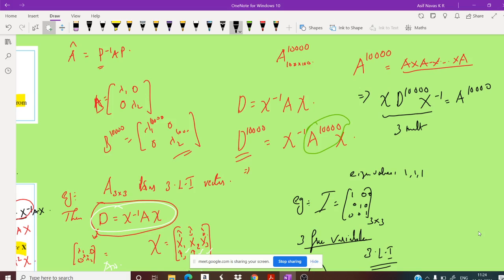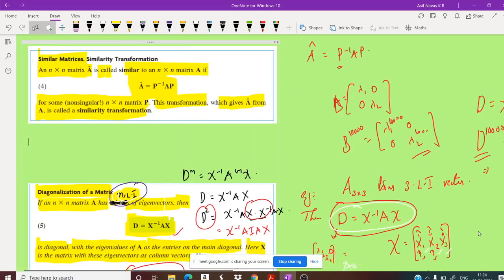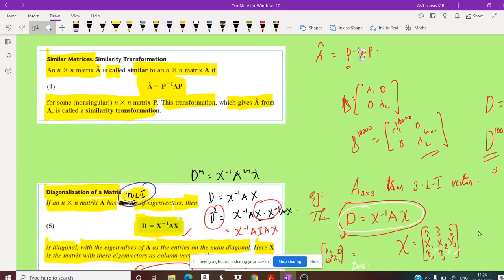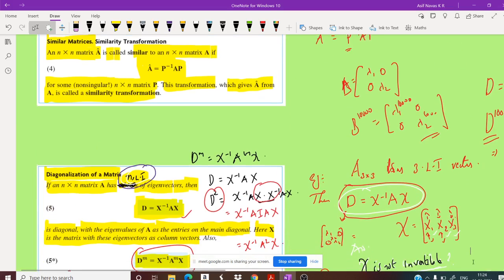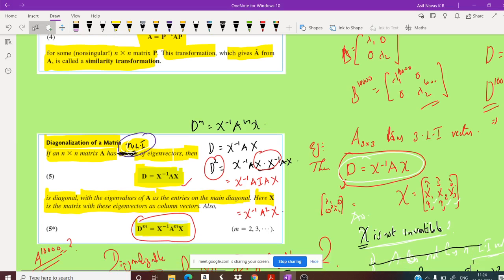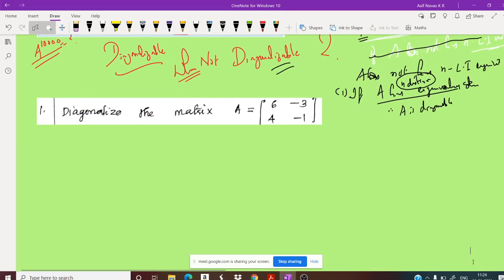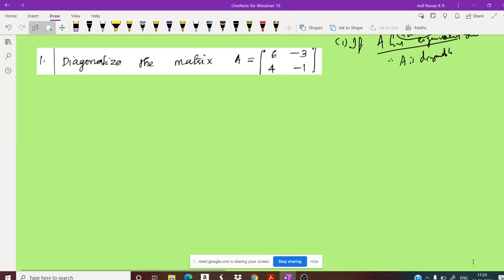In the usual method we have to do 10,000 multiplications. This is one of the applications of diagonalization. There are many applications. One of the simple applications is that we can find the power of a matrix very easily.